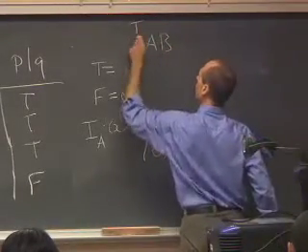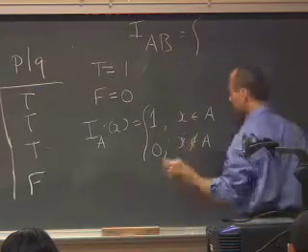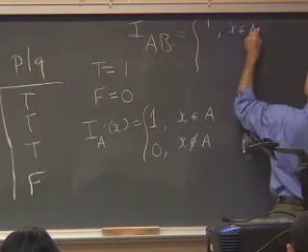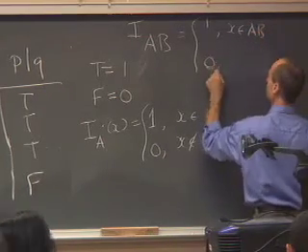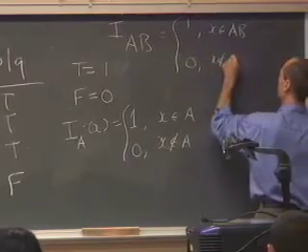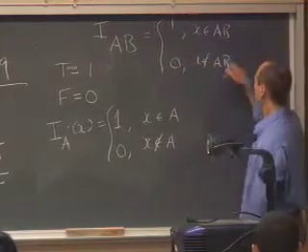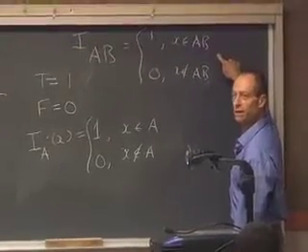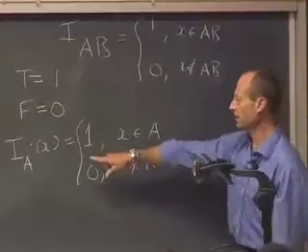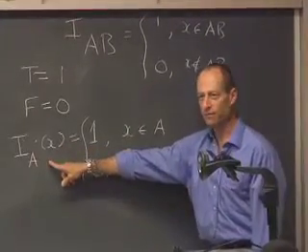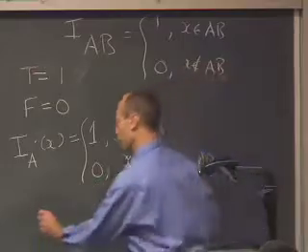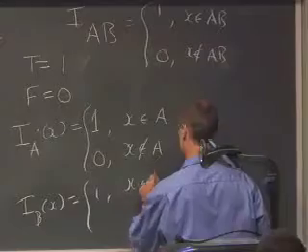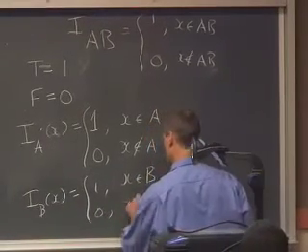So the indicator of AB is equal to 1 if x is in A intersect B, and it's equal to 0 if x is not in A intersect B. I want a function that's equal to 1 if x is in the intersection of A and B. Well, what happens if I multiply together the membership function of A and the membership function of B? So I have I_B of x is equal to 1 if x is in B, 0 otherwise.